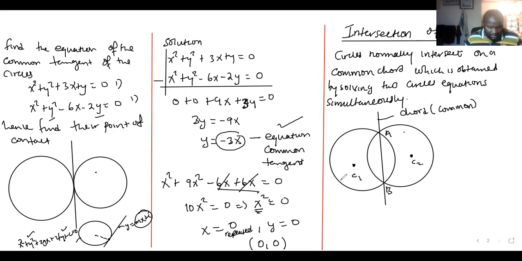There's something else I want to read out: some circles do not intersect, but there can still be a locus of points equidistant from their centers. The first condition is for when the circles have intersected. Now, what if they do not intersect? That is our NB.